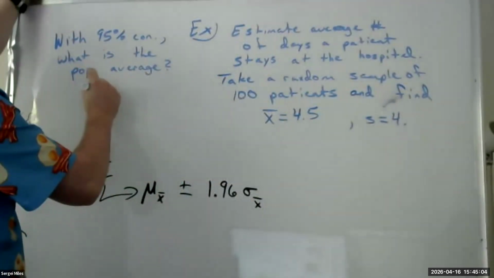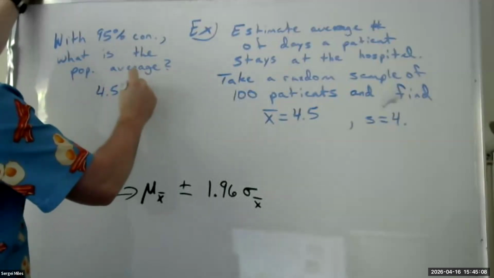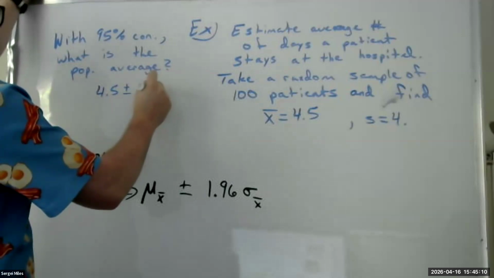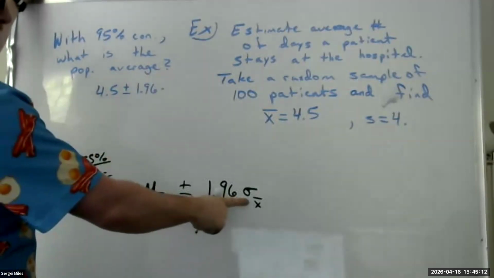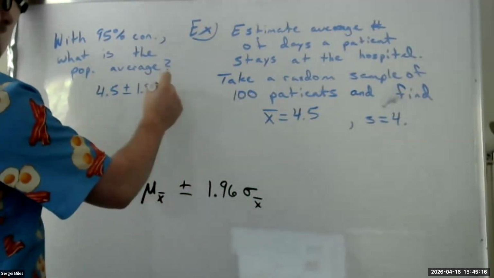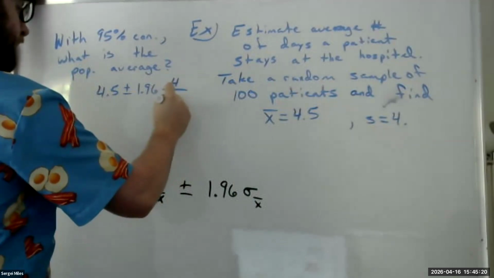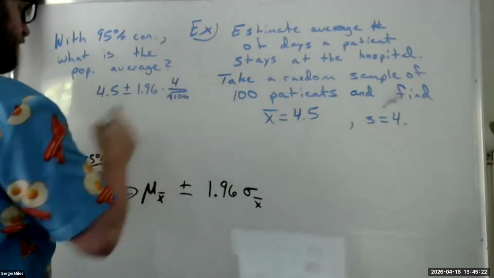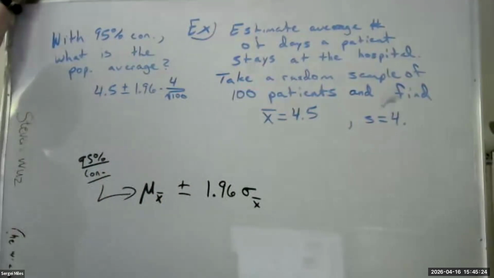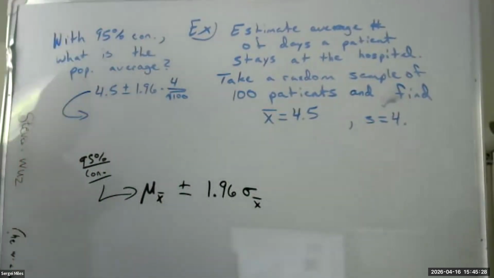So I will have 4.5 plus or minus 1.96 times the sampling distribution standard deviation, which we've seen before, is calculated as my standard deviation divided by the square root of the sample size. Okay, so this creates an interval where I do plus or minus.